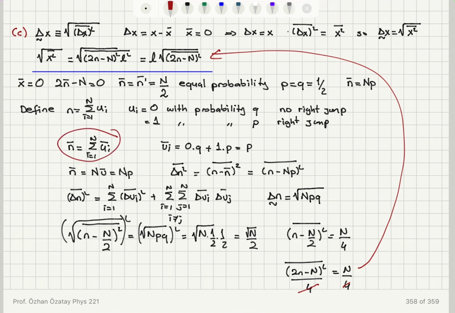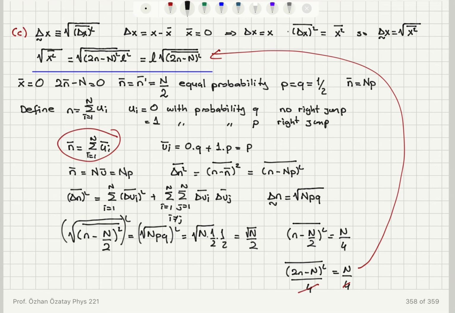Looking at the definition of delta n square bar, you can write this as an explicit summation over delta ui square and delta ui delta uj product summation, and finally we showed in the lecture that delta n tilde is the square root of N pq.